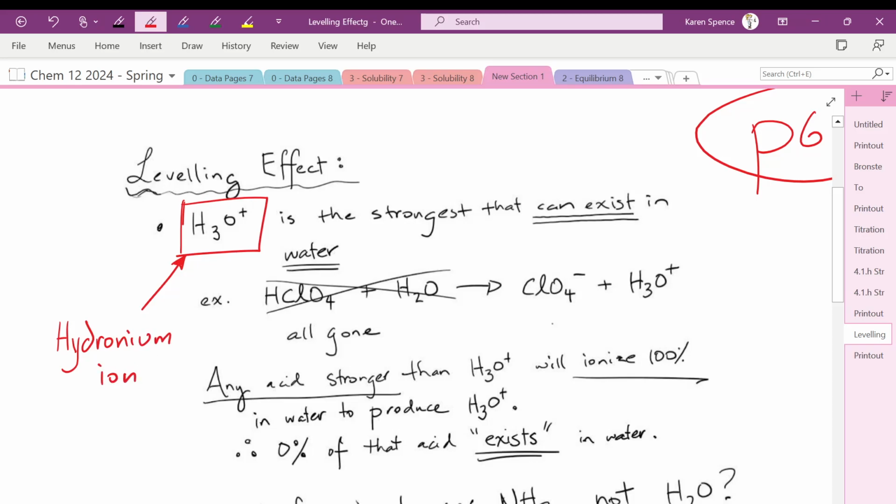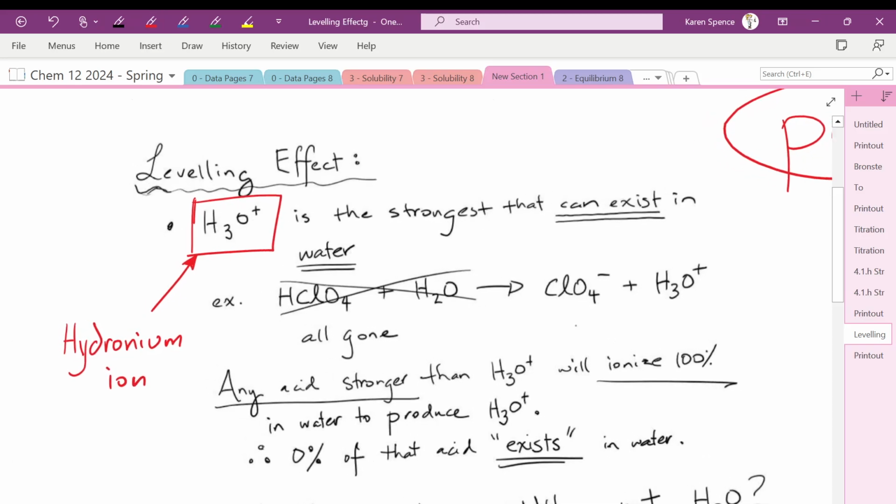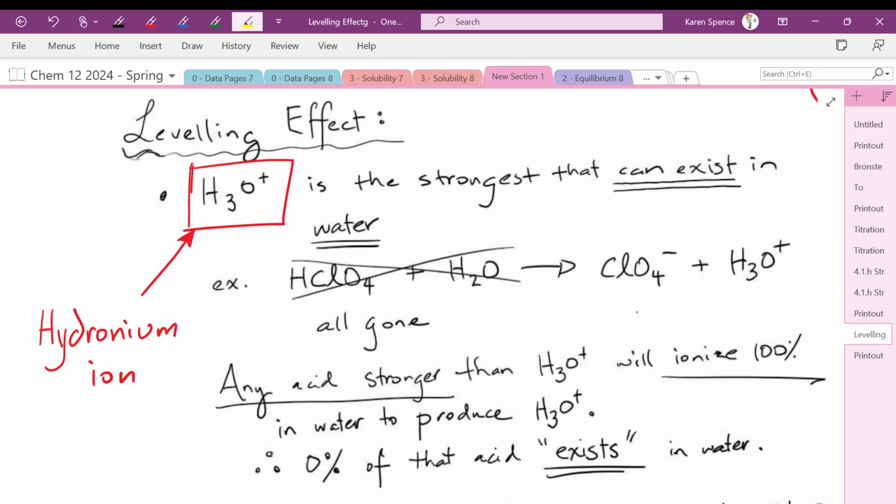So the hydronium ion is the strongest acid that can exist in water, and there's a reason that's double underlined.